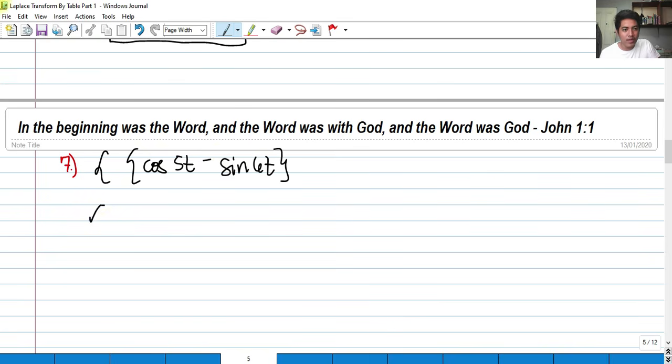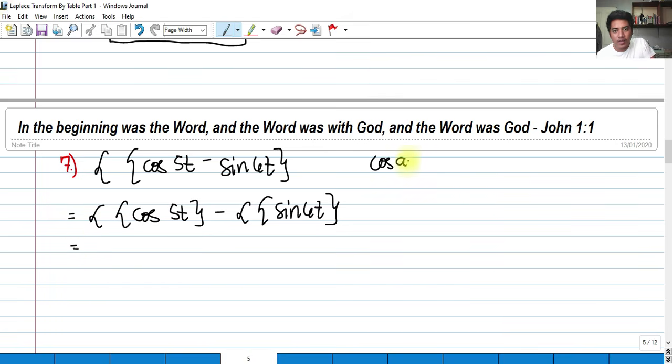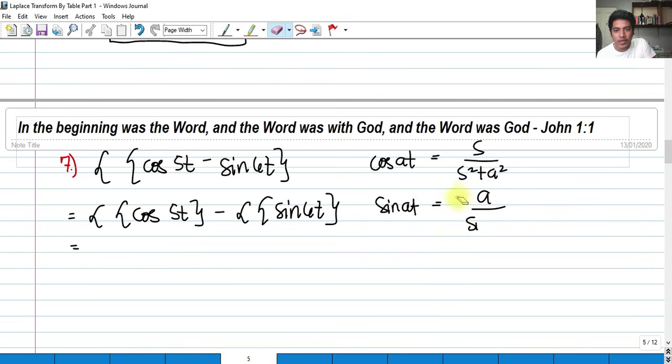This is by formula, so we can evaluate this individually: the Laplace transform of cosine 5t minus the Laplace transform of sine 6t. Again, cosine at is s over s squared plus a squared, and for sine at, we have a over s squared plus a squared. So we can evaluate this simply by table.